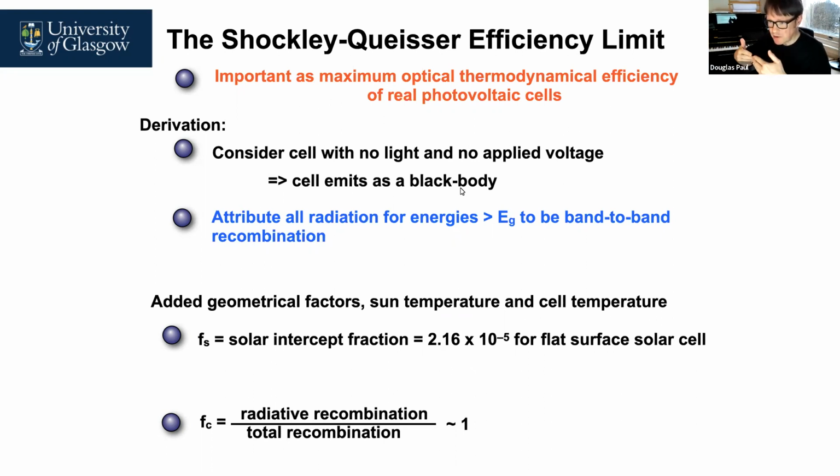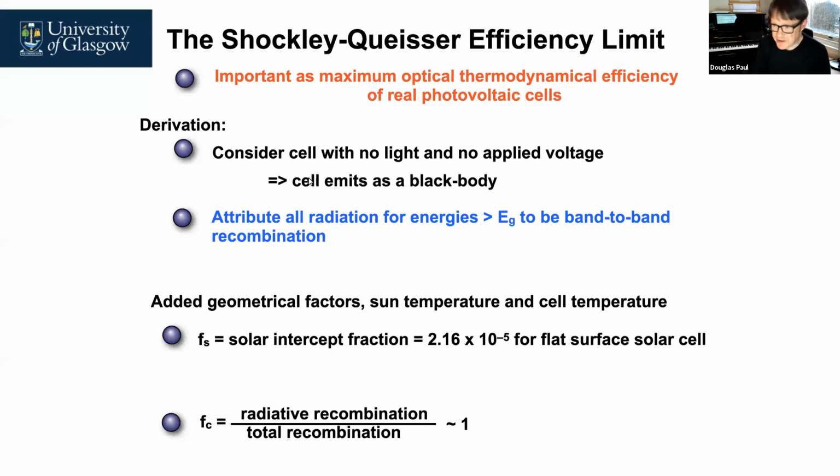But actually, most photovoltaic cells are flat and two-dimensional, and we're only absorbing light from one direction. So we need to have a solar intercept fraction to account for that. And then the final thing is you can also look at the rate of recombination. That's basically, again, saying everything's band-to-band. And actually, none of the electron hole pairs recombine for losses like that.